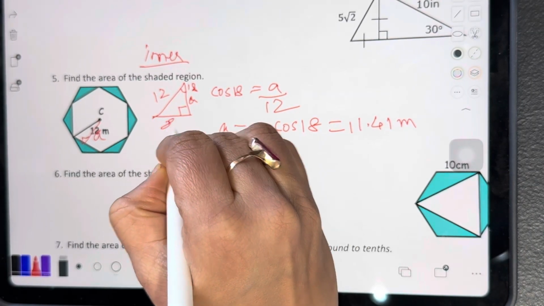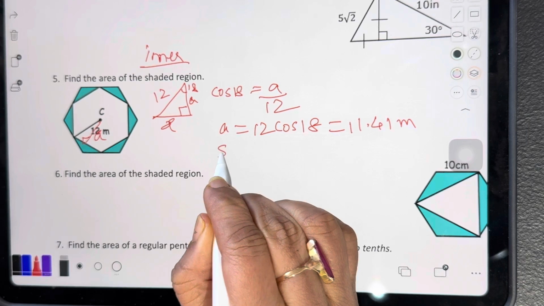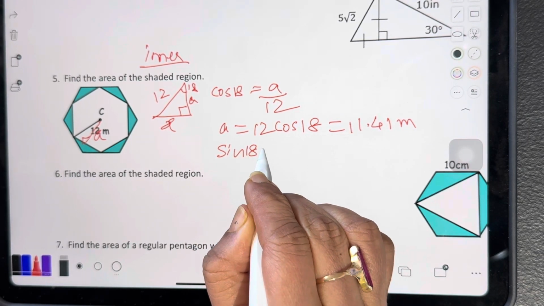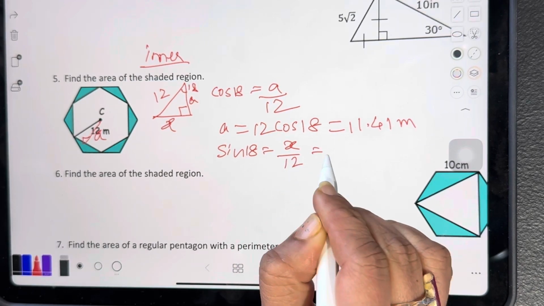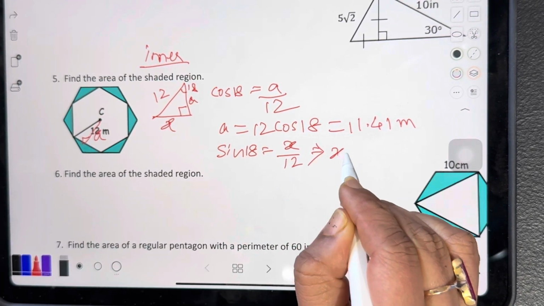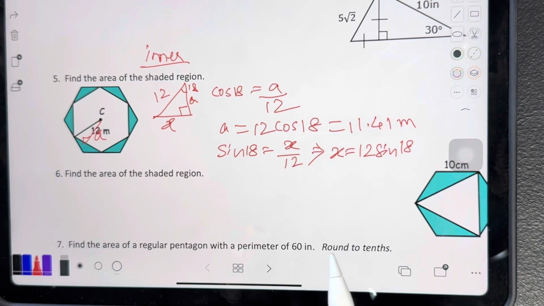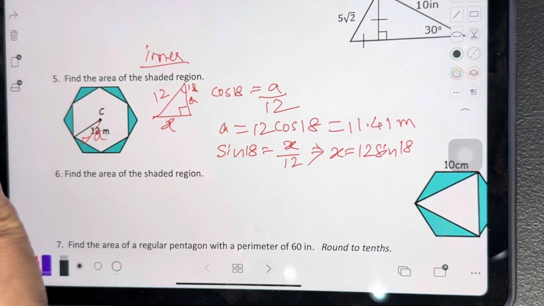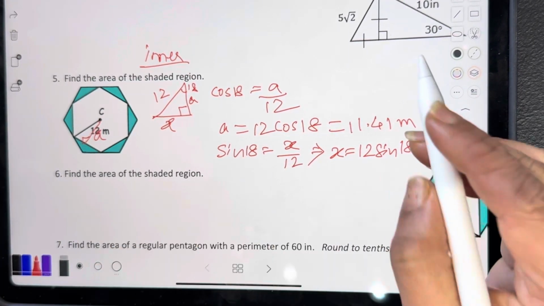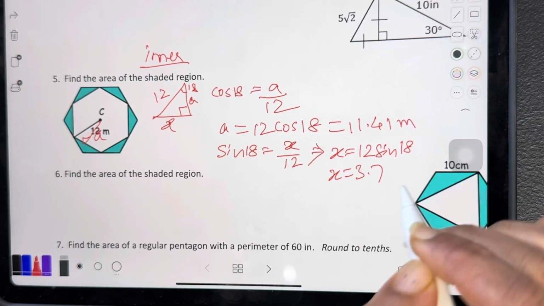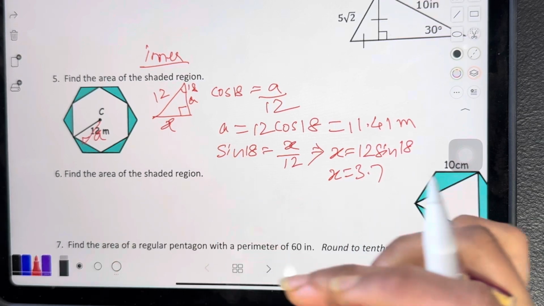You need this x. You can use the sine ratio. Sine 18 is equal to opposite over hypotenuse, which means x is equal to 12 sine 18. 12 sine 18, I got 3.7, times 2 is 7.4.